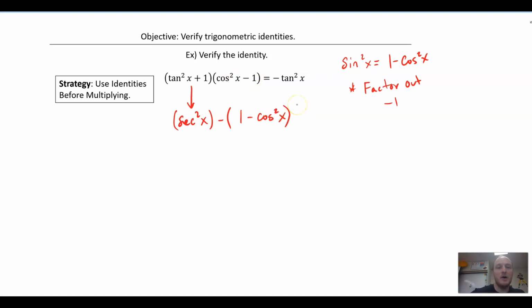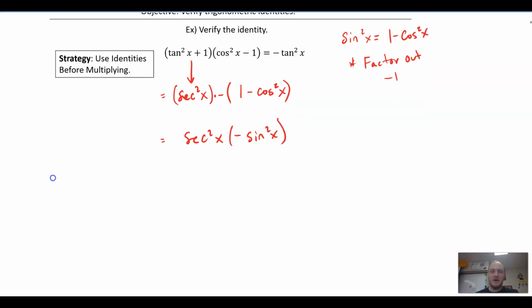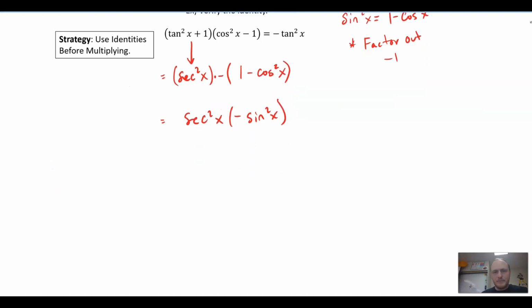Now, be careful, I'm not doing subtraction, right? This is multiplying by a negative 1. I'm doing this because now I have secant squared x times negative sine squared x. So I make that substitution. Why did I do that?